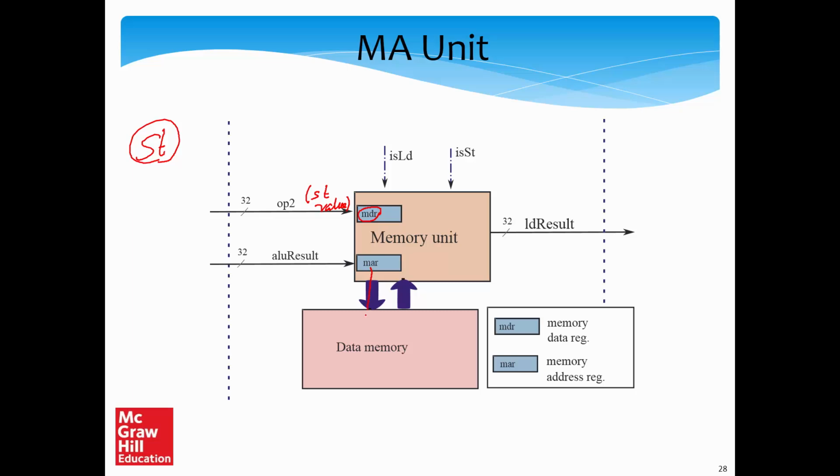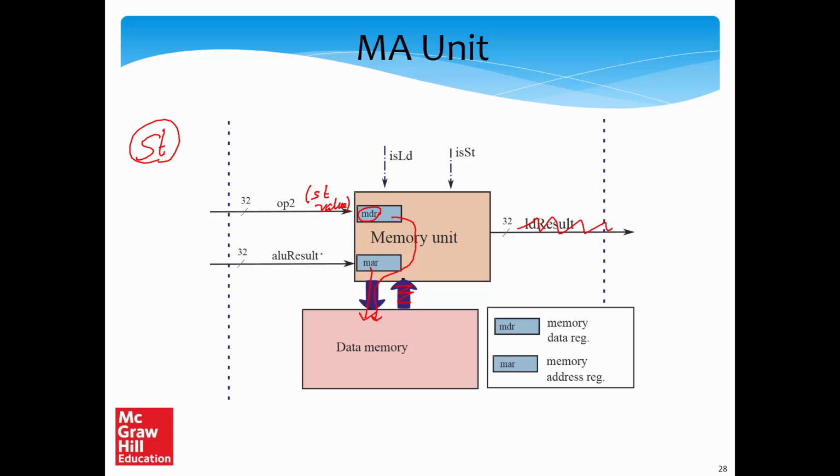The address flows to the data memory, and the data that needs to be stored flows into the data memory. Inside the memory it's stored, and we get nothing as output. So the store instruction does not produce any output at all, and the job of the instruction at this stage is over.